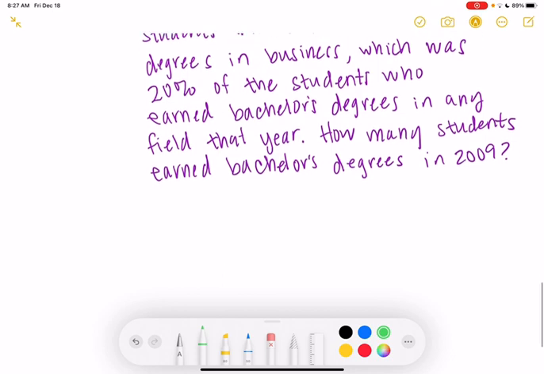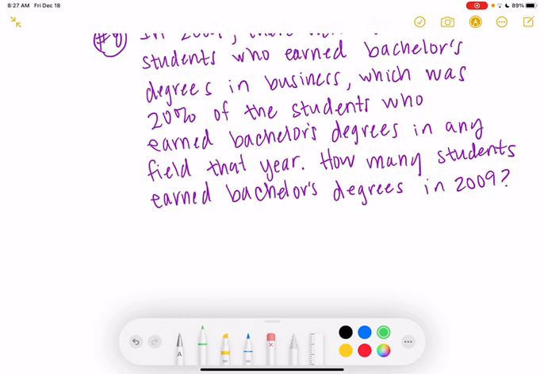Okay, so let's start with our let statement. So I'm going to put let x be, let's just say like total bachelor's degrees. Because that's what we're trying to find.